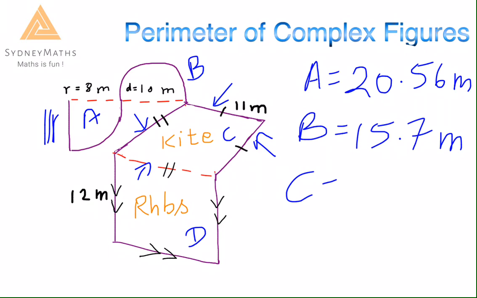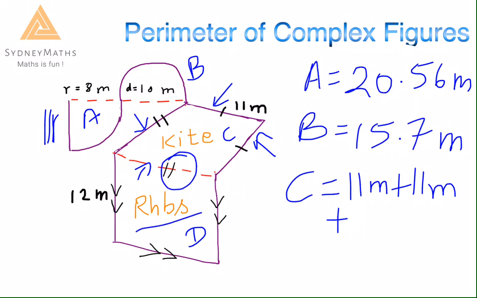So to find the perimeter for part C, let's add the boundaries. So it's 11 meters plus 11 meters plus the third side, this one here, which is also part of a rhombus.